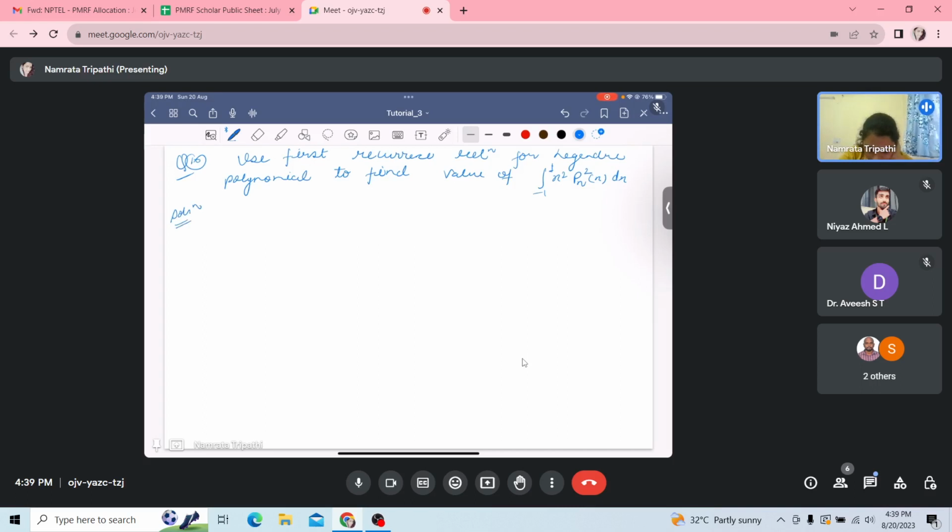Please write the recurrence relation. Can anyone tell me how to find this after writing the recurrence relation? Okay, let me write the recurrence relation.